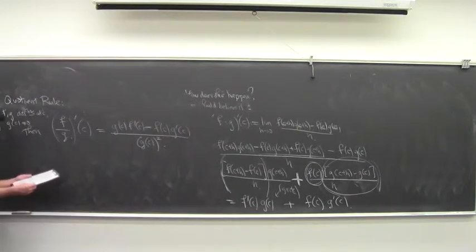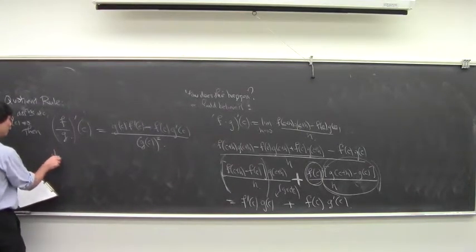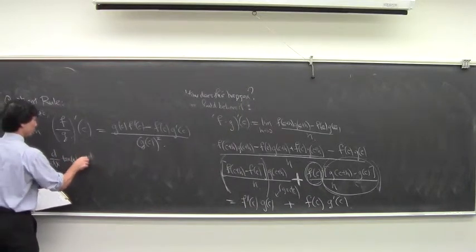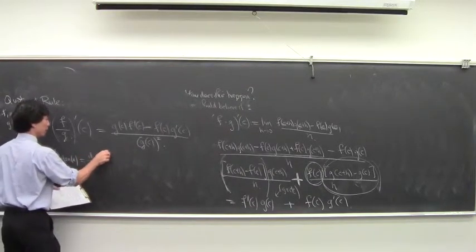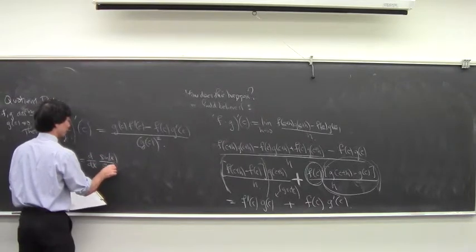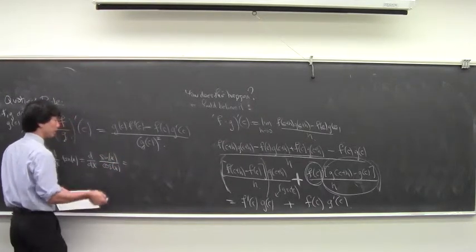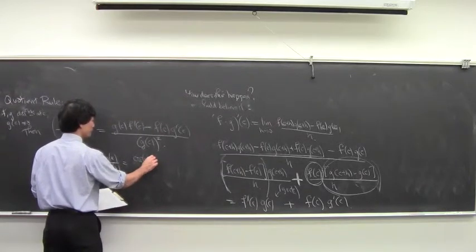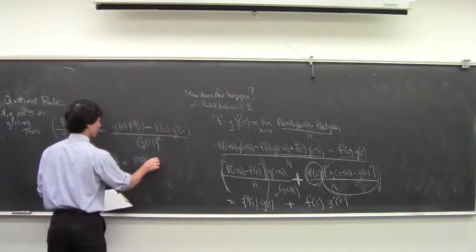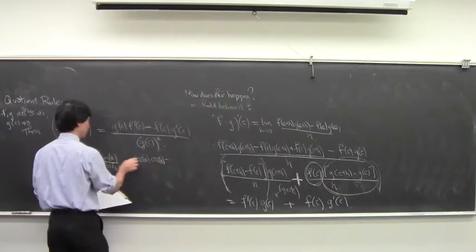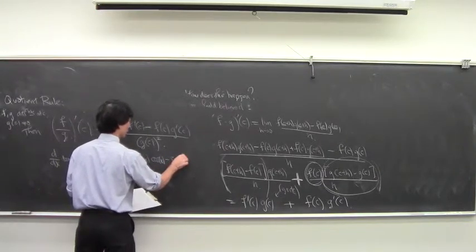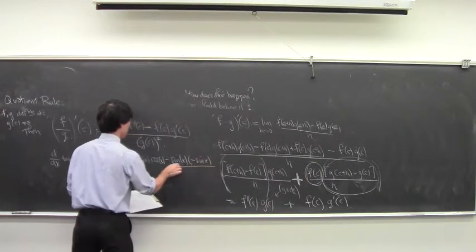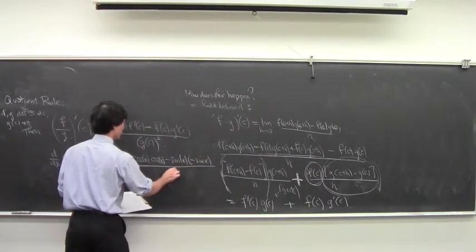For example, if I ask you the derivative of the tangent, that's the derivative of sine over cosine. So I'm going to get the bottom times the derivative of the top, minus the top times the derivative of the bottom, everything over the bottom squared.